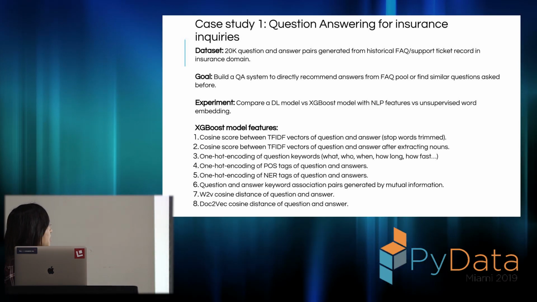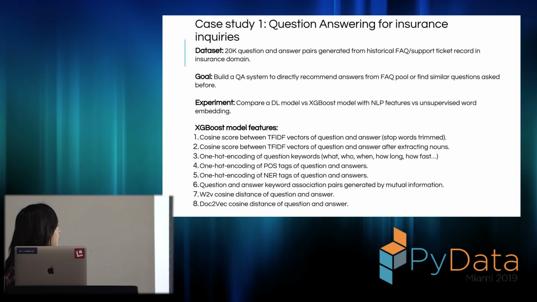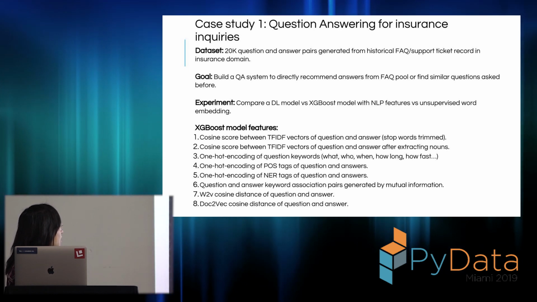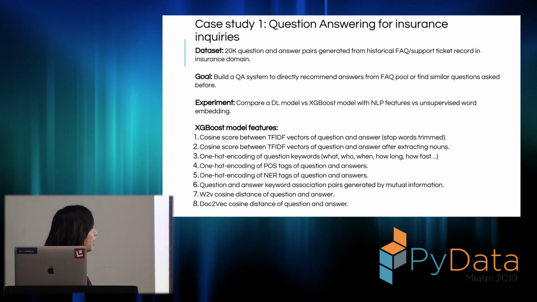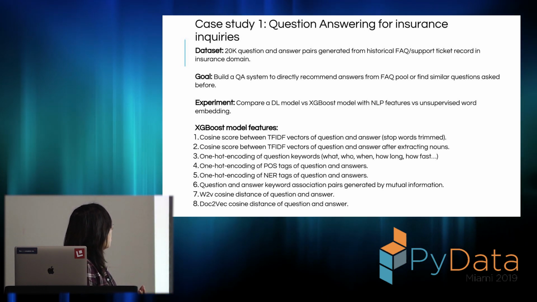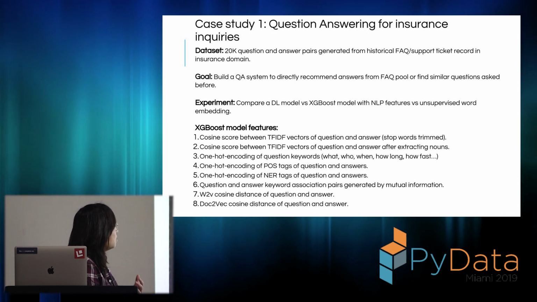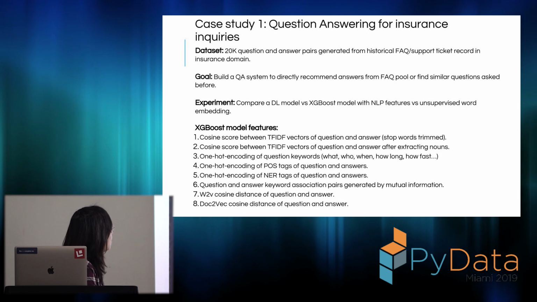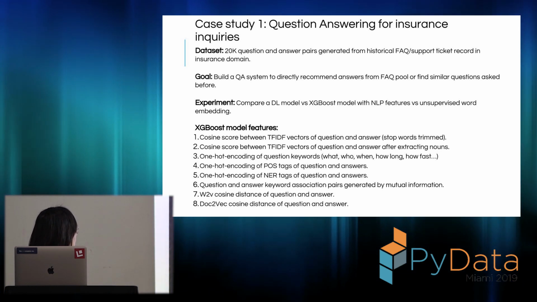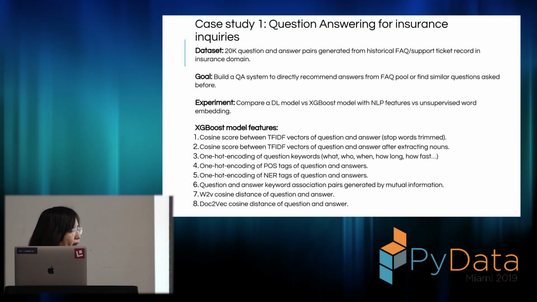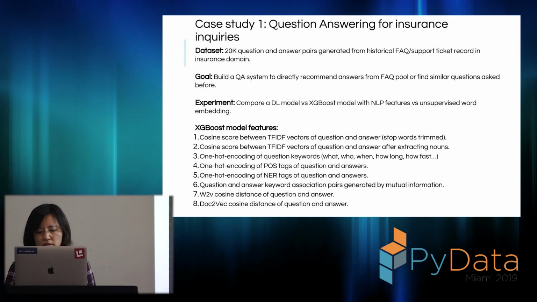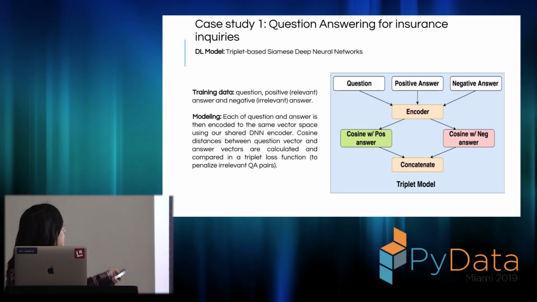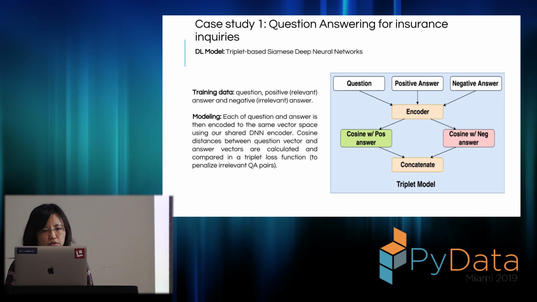Also, we find one particular variable is specifically important. We apply mutual information to extract the question-answer keyword association pairs. So this is one of the important variables. Also, we add the word2vec embedding and doc2vec embedding to build this whole XGBoost tree.